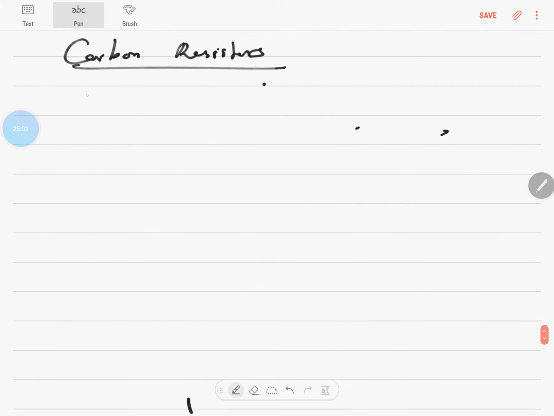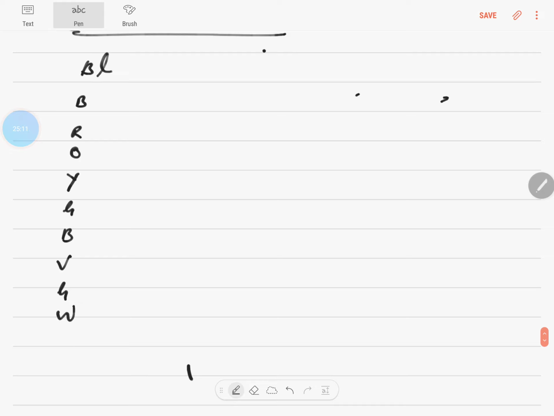It goes like this: B.B. Roy, Great Britain, very good wife. So it's black, brown, then blue. Black and blue can get mixed up because of alphabetical order, but blue comes here. This is red, orange. It's not in alphabetical order when it comes to brown and blue; just remember that.